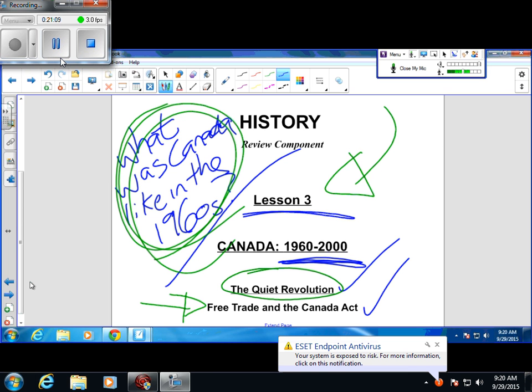For those who are listening, for Delilah or for Hope, I am on page 19 of the textbook. If you want to follow along using the textbook, I'm on page 19.